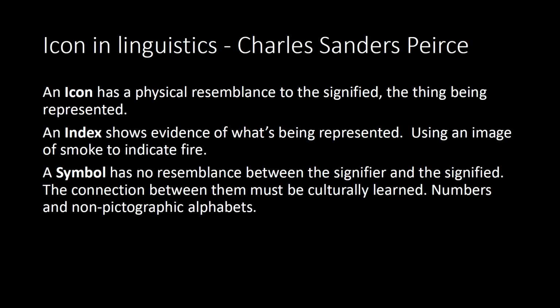A symbol has no resemblance between the signifier and the signified. The connection between them must be culturally learned. So these are numbers and non-pictographic alphabets. You can see how there is an overlap between the icon in linguistics and how we might think about graphical icons and other kinds of icons, but particularly graphical icons, because graphical icons are related to pictographic scripts.